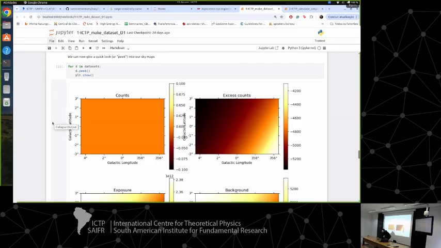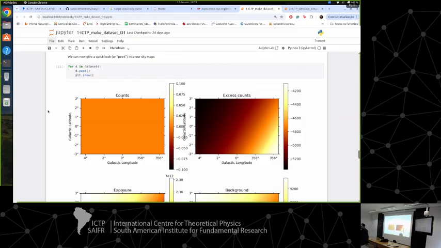Maybe the striking plot here is the counts map that we see empty, because we just built this empty object like we did yesterday for CTA. So it's empty because we didn't add the counts yet. We will see that in the second notebook that we will start working on in a minute. Please let me know when you finish running. And if you have questions, we can discuss now.